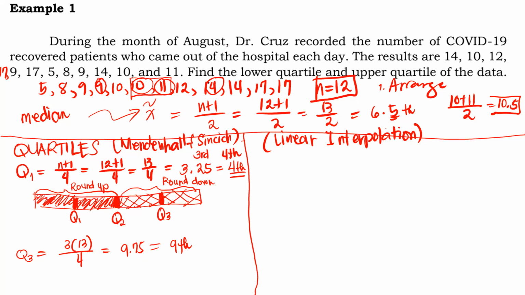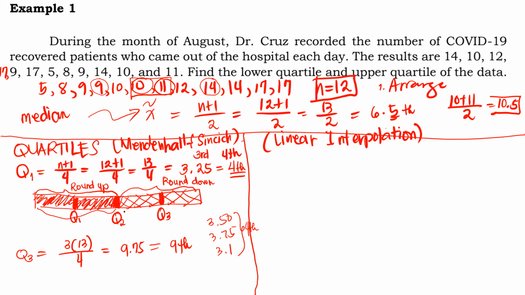9. Okay? So if you notice, in Mendenhall, the parts on this side you have to round up. So whether it's 3.25, 3.50, 3.75, or 3.1, you round it up, so the fourth data will be your answer.